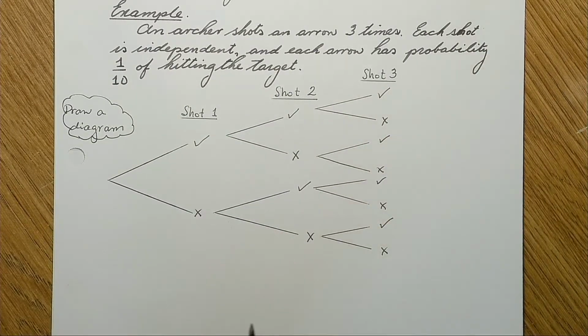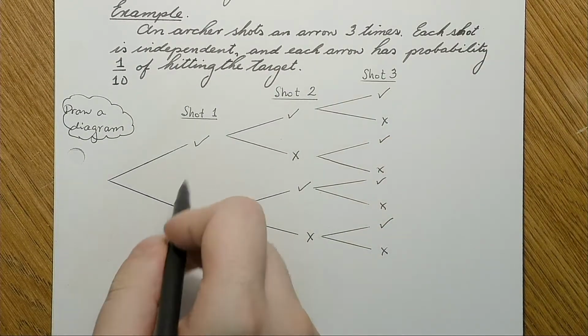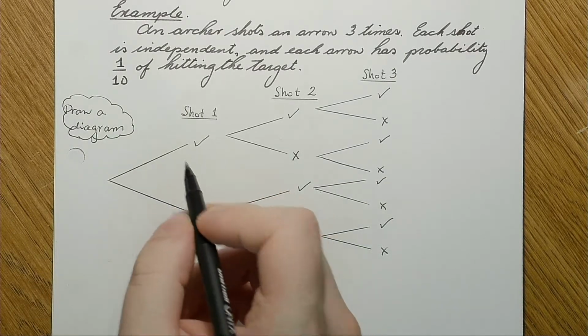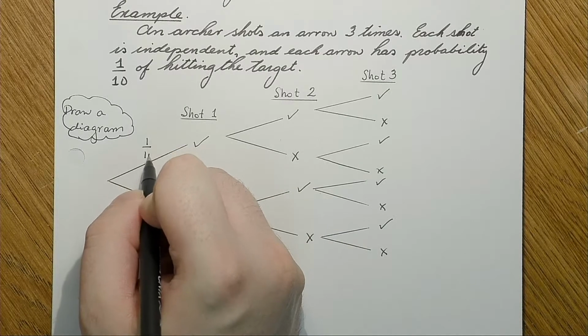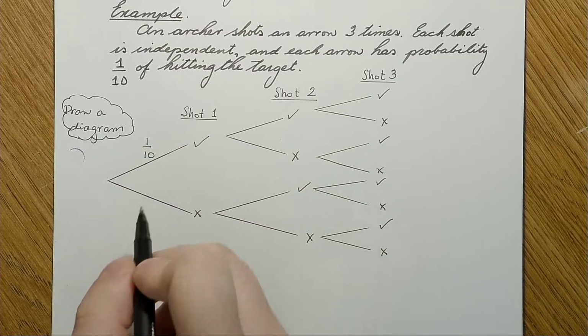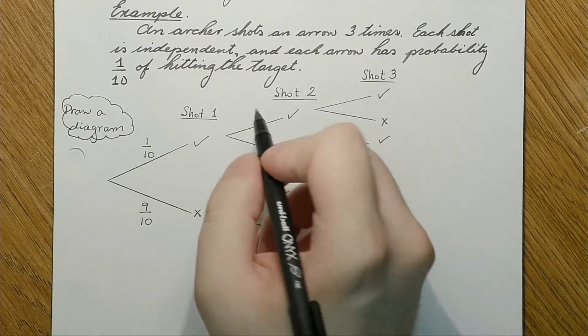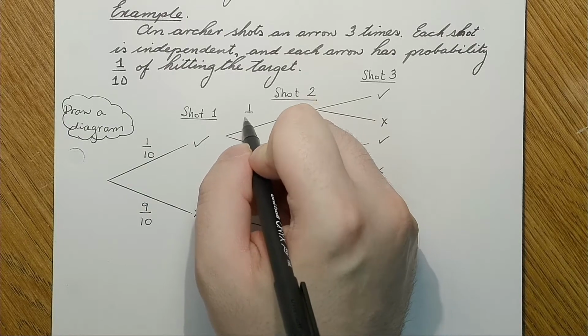Now we can start to label the probabilities on each of the arms of the tree. Here the probability would be 1/10 that it's successful, and 9/10 that the archer is not successful, again, the complement. Same thing applies here.